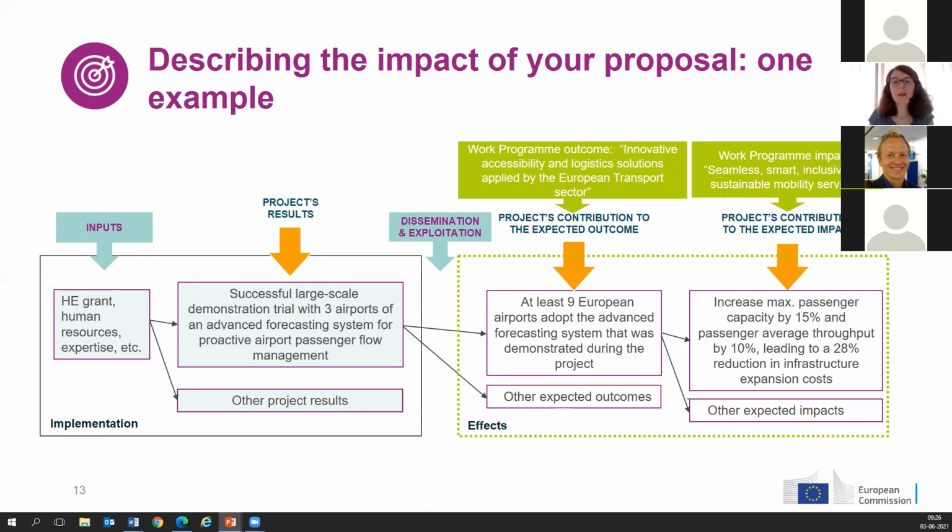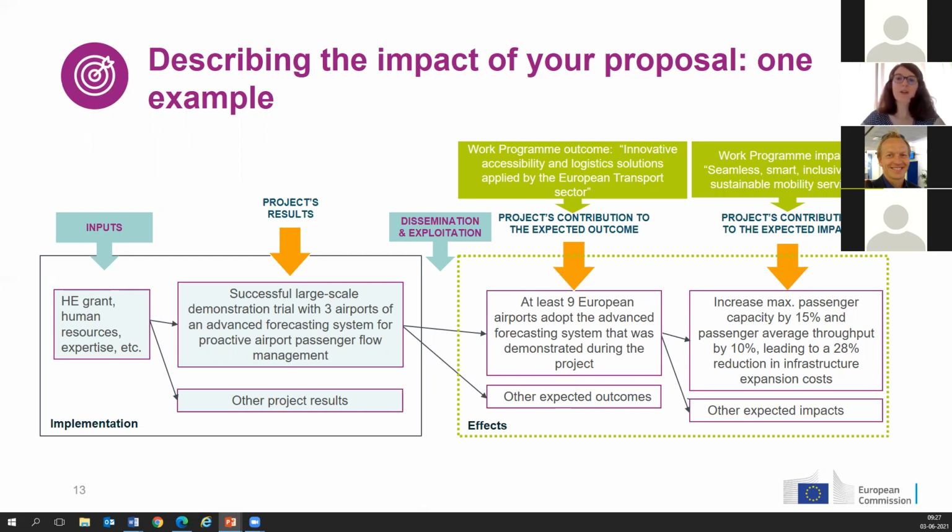The impact in the work programme is written, you can see it in the right part of the slide in the green box, like that: seamless, smart, inclusive, and sustainable mobility services. As you can see, this is something pretty wide, and it is also more of a long-term perspective.